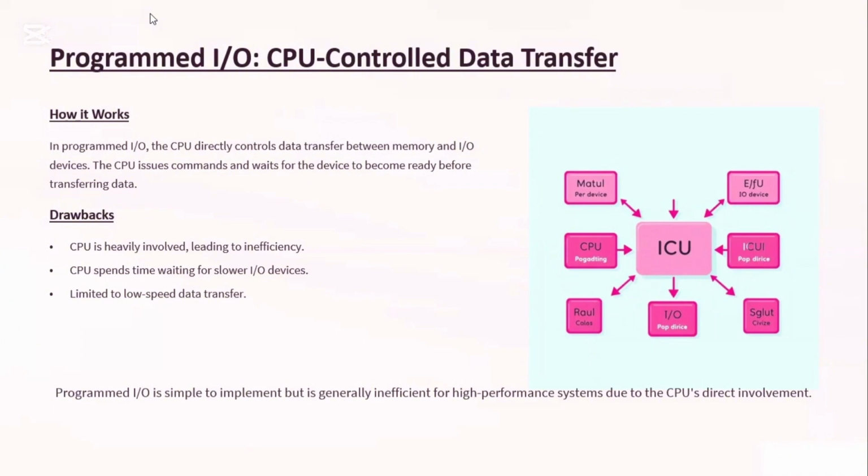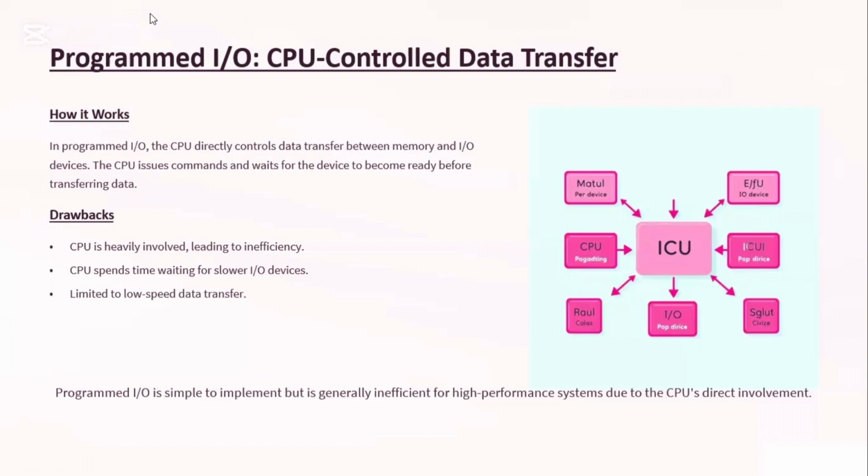This is how it works. The CPU initiates the data transfer, and then it waits for the input and output device to be ready. Then once it is ready, the data is transferred. And here are some drawbacks concerning the programmed input and output. One, the CPU is heavily involved, leading to inefficiency.